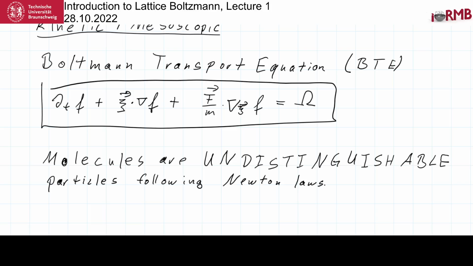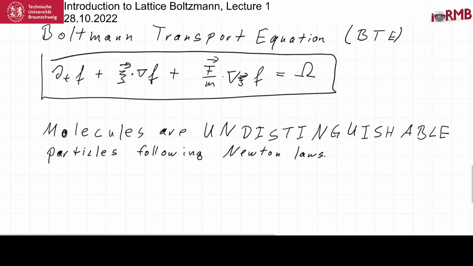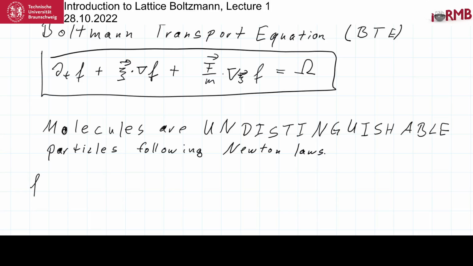So they are now not counted. We forget completely about their individuality and only have a statistic. And this statistic is expressed by this probability density function f.